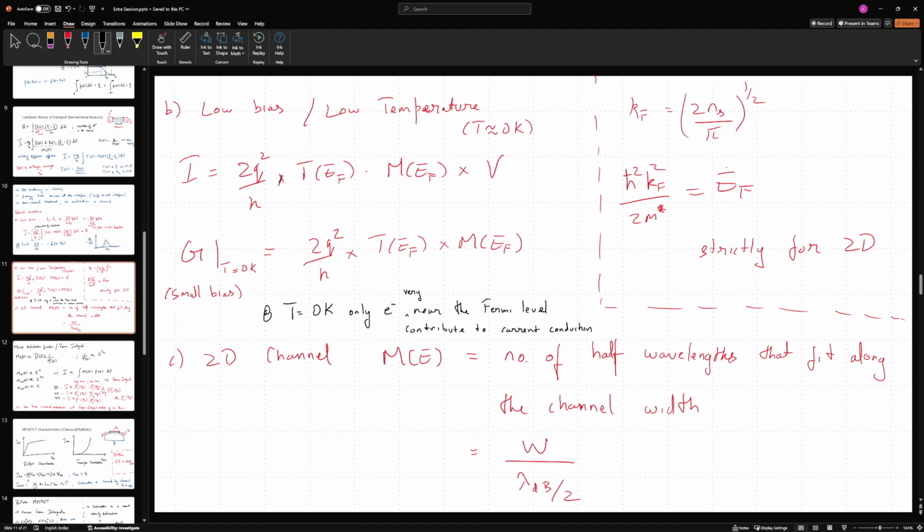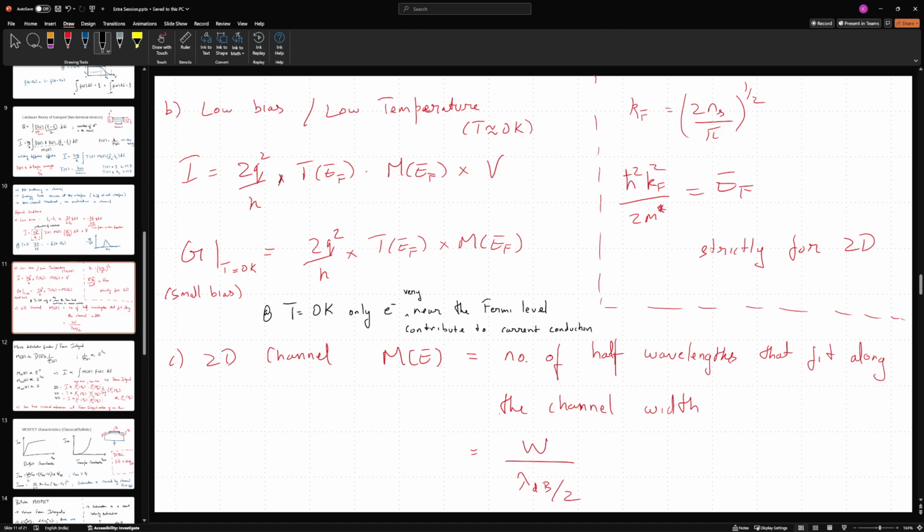What it was in the case of a 3D system was solved as one of the discussion problems during the session. So please go back to that and look those results up. And in a 2D channel, additionally, we know that the number of modes at a given energy is the number of half wavelengths that fit along the channel width.